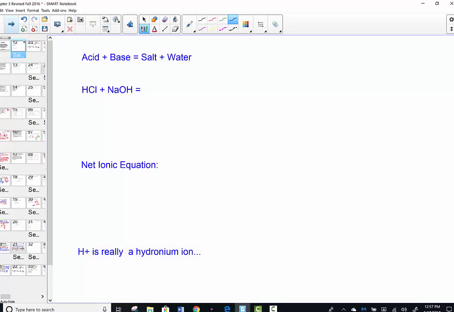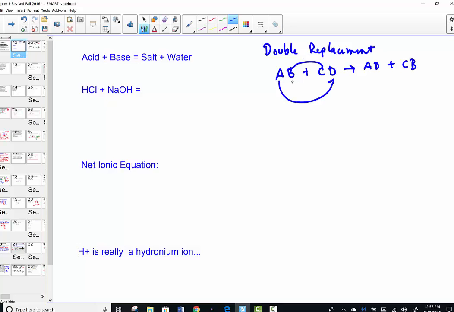Remember a familiar format from a double replacement reaction that we learned back in general chemistry. A double replacement reaction says, let's take a compound called AB and react it with a compound called CD, and you'll create new compounds based on exchanging the two positive ions.